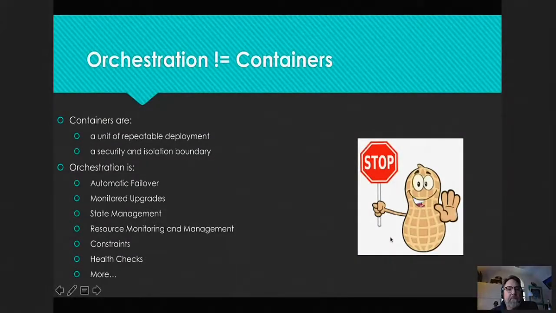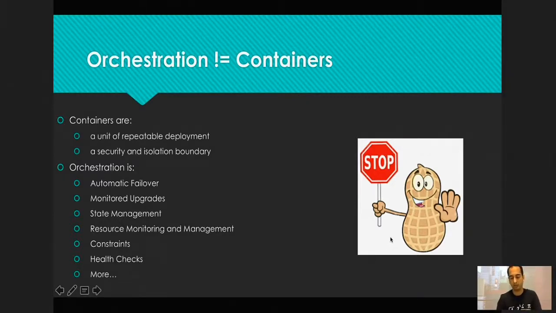Yeah. So another area that you will find when it comes to microservices being talked about is orchestration. And just to clarify here, orchestration does not necessarily mean containers. Containers are essentially a unit of repeatable deployment, and one of the main benefits is that all the dependencies are within the container.